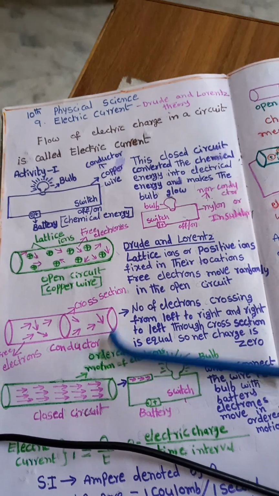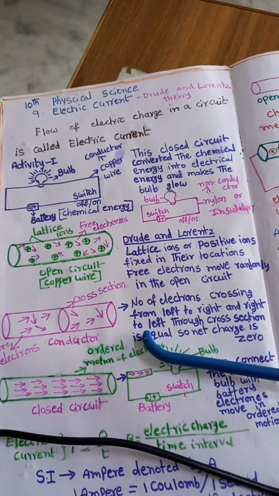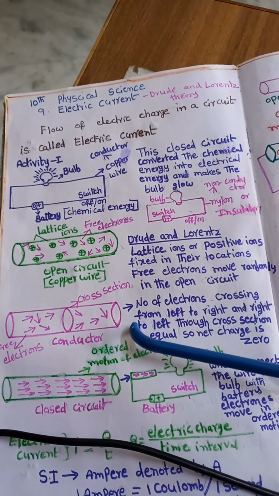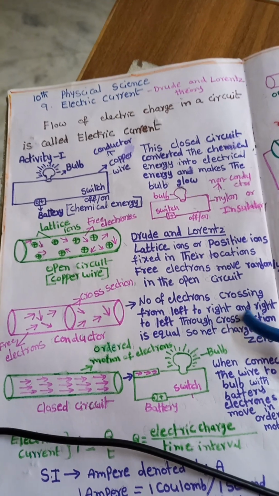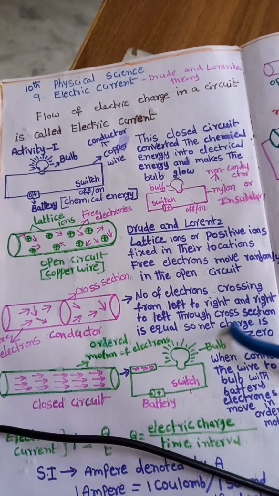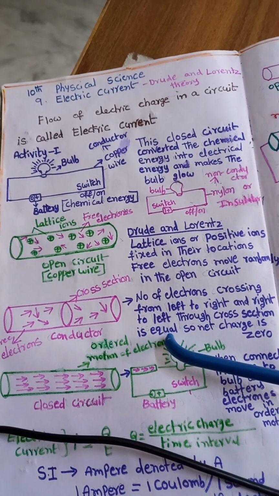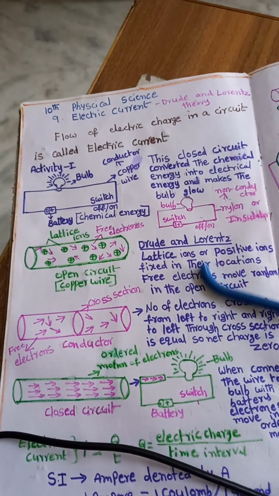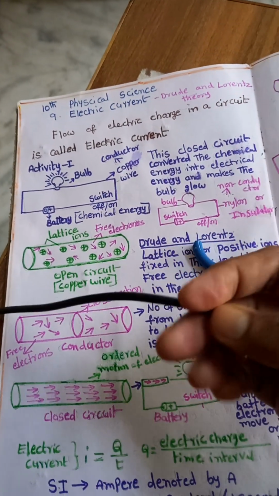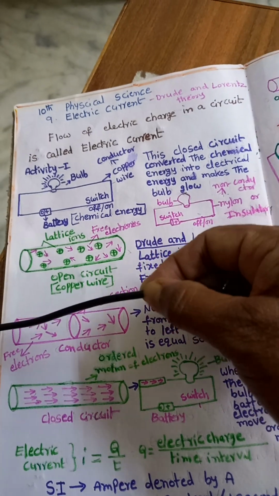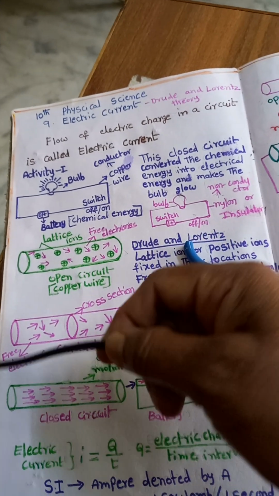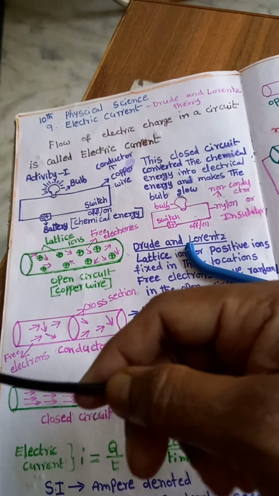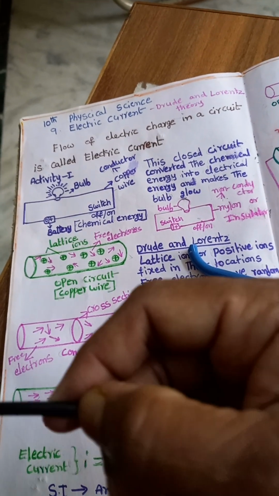Next, Drude and Lorentz say that the number of electrons crossing from left to right and right to left through a cross section is equal. So net charge is 0. When we see this piece of wire, the copper wire is called a conductor.